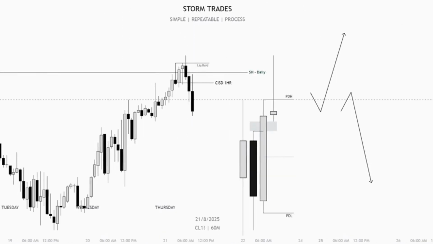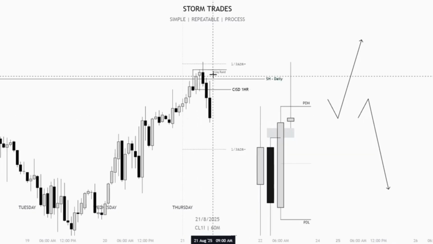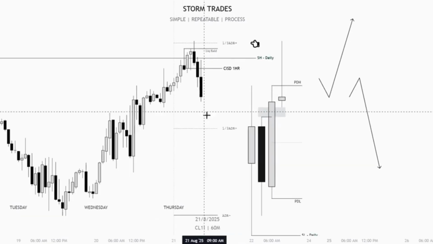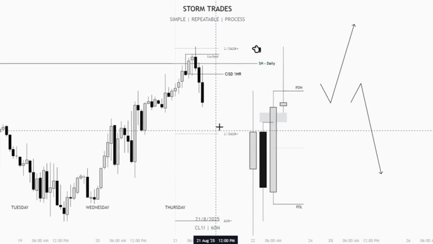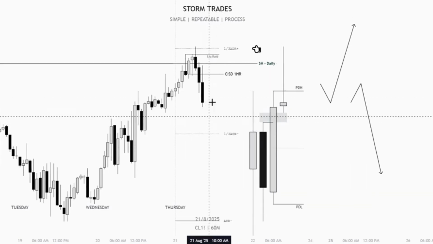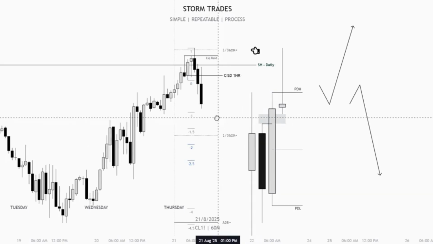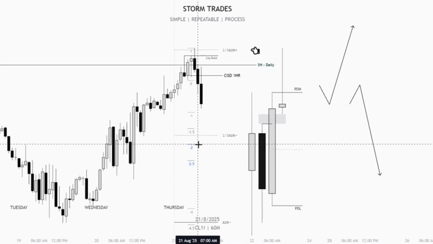Now, I want to make note of something. You see me talk about the 1/3 ADR all the time, going on and on about it, because if we get a sweep like this, and then we have a change in state of delivery, I'm now looking for a move down to the other side of the 1/3 ADR. And I'd like to see that we have a decent amount of room to run, okay? Now I'm going to run a fib here, see if there's any liquidity that lines up both with the 1/3 ADR and with some relevant standard deviation levels.